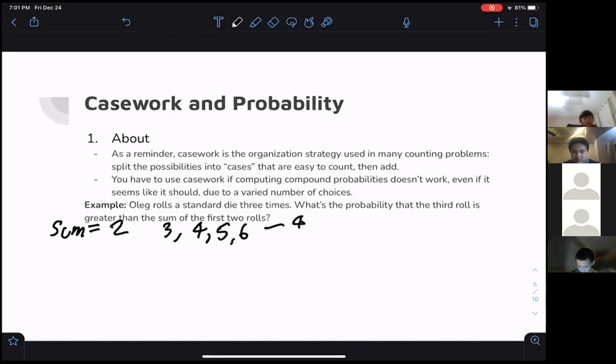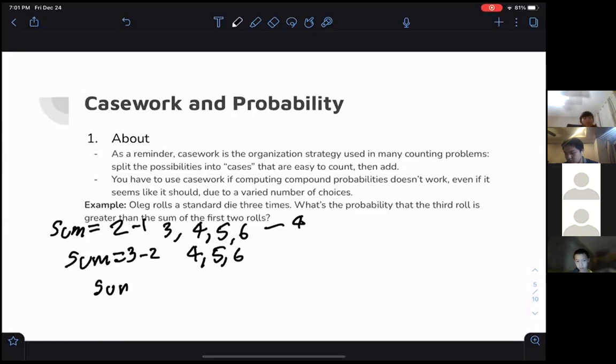If the sum is 3, then the first two can either be a 2, 1, or a 1, 2. And the third one can be a 4, 5, or 6. So two ways for the first two, and 3 ways for the third. 2 times 3 equals 6 ways for the sum 3 case.